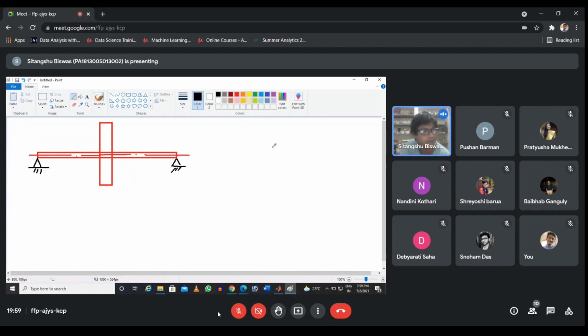So this disc, that means the flywheel, has a mass of say 10 kg, and it has an eccentricity, that means the center of mass is away from the axis of rotation.